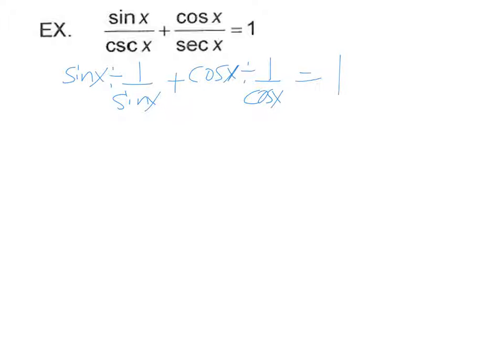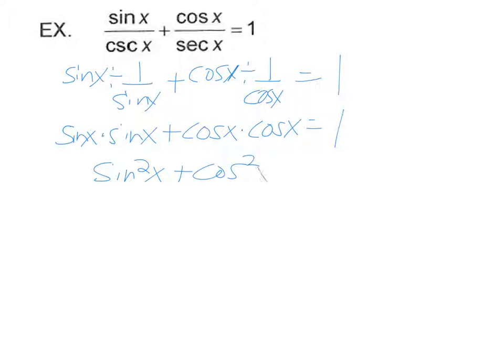When you divide fractions, you flip and multiply, so it would be sine times sine plus cosine times cosine. Sine squared plus cosine squared equals 1. Now I know that's the identity, but take that one more step and make the left side look like the right side. Sine squared plus cosine squared is 1, and then the right side is also 1, and now it's finished.